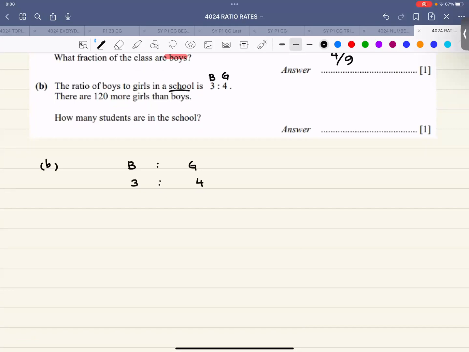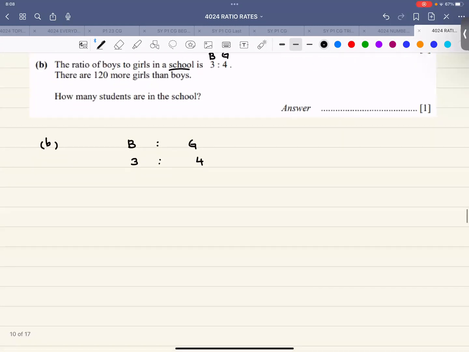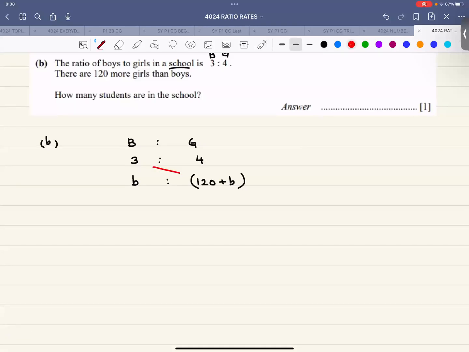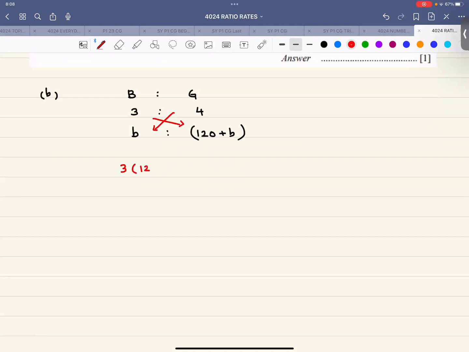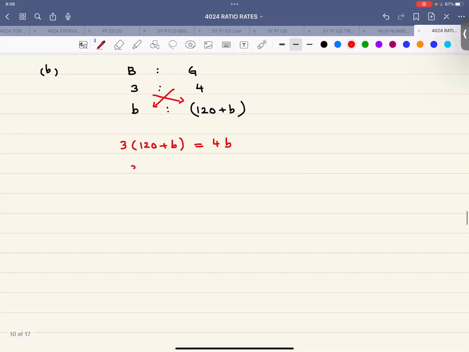And it says there are 120 more girls than boys. So if boys is B, girls is 120 plus B. That is the ratio between the two. So let's cross multiply. Therefore, 3 into 120 plus B equals 4B.